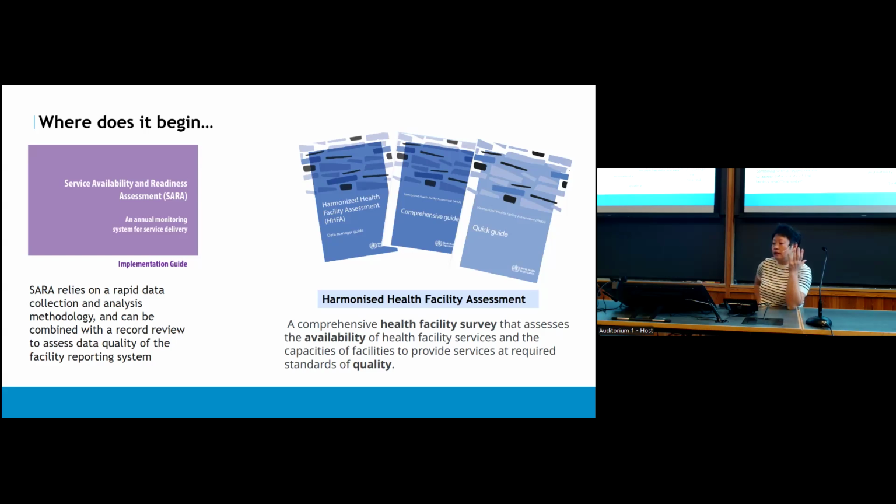But then that evolved later on into the HHFA, which is much more complex, much more comprehensive, with many different modules and covering many different kinds of service. That's the health facility, and here we focus a lot on the primary healthcare and district level healthcare. So we'll have a list, almost like a checklist, of what needs to be there and what needs to be done, both in terms of the infrastructure, the equipment, the supplies, as well as the capacity of the healthcare workers there.